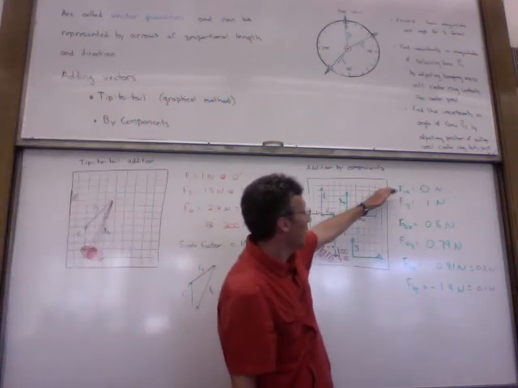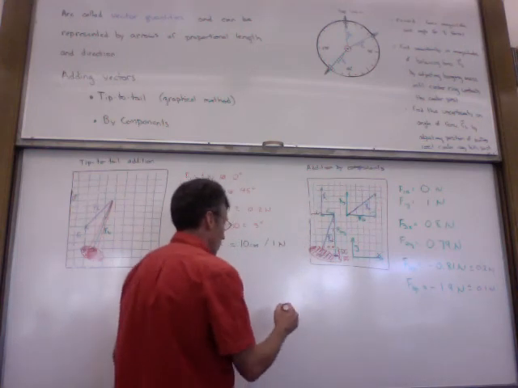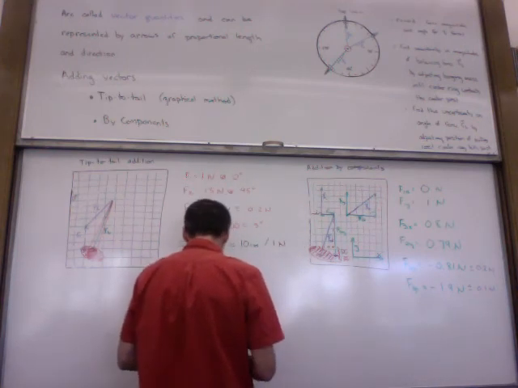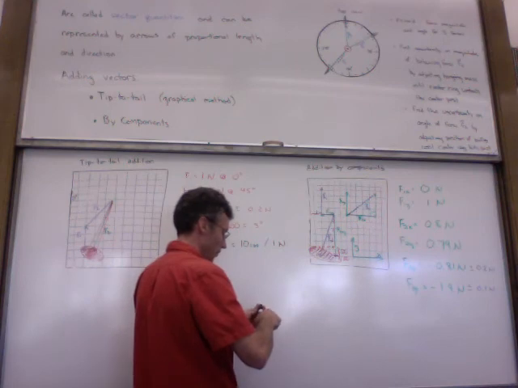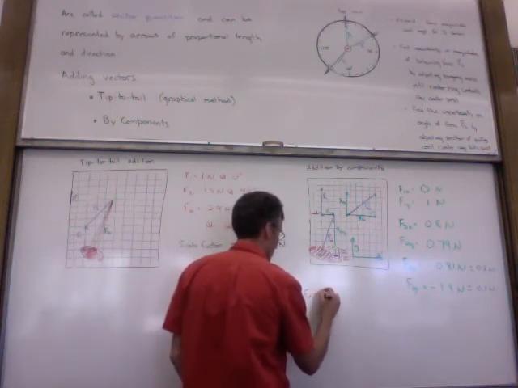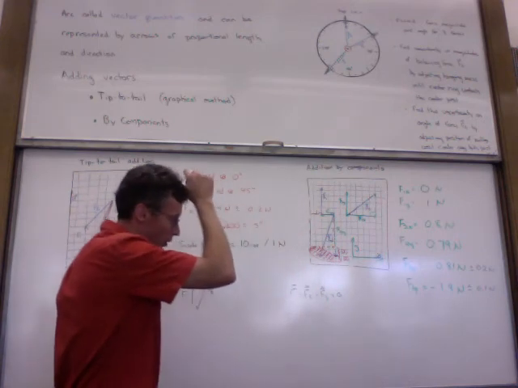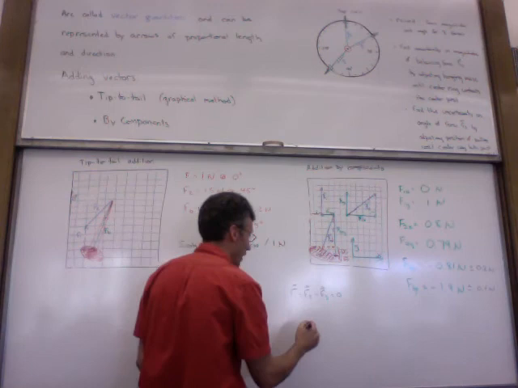Okay, so once you have the x and y components of all the vectors, we're trying to add these quantities up to see if they add up to 0. And so we're trying to test this equation by adding vector components. So we'll do that for x and y.